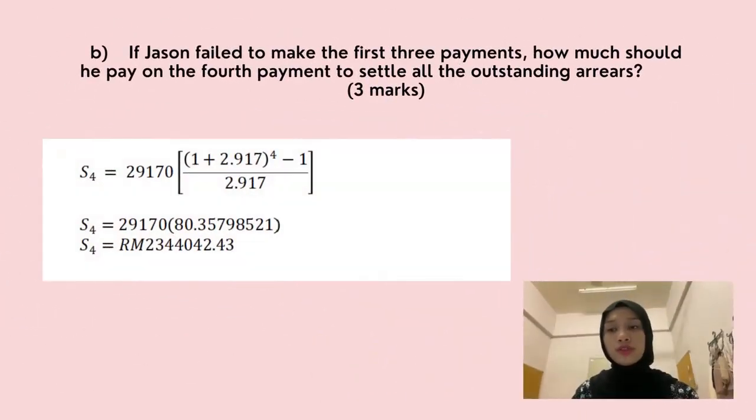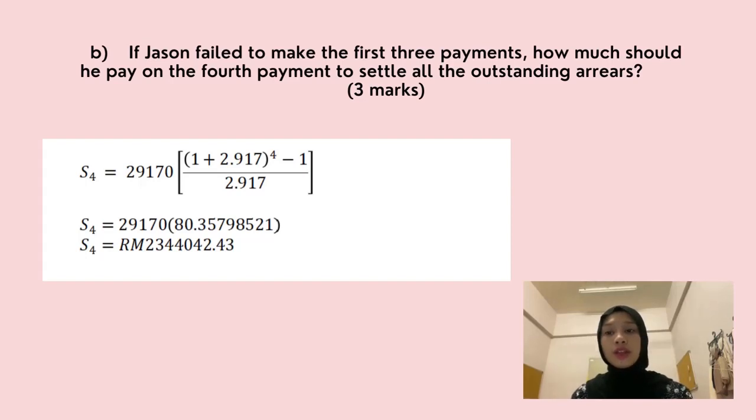For question B, if Jason failed to make the first 3 payments, how much should he pay on the 4th payment to settle all the outstanding arrears? For this equation, the formula is S4 equals 29,170 open brackets 1 plus 2.917 power 4 minus 1, all divided by 2.917.